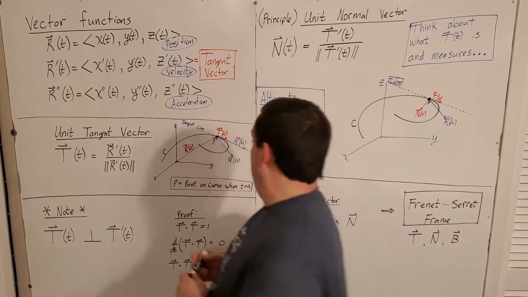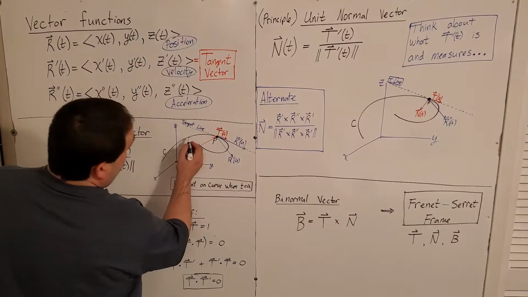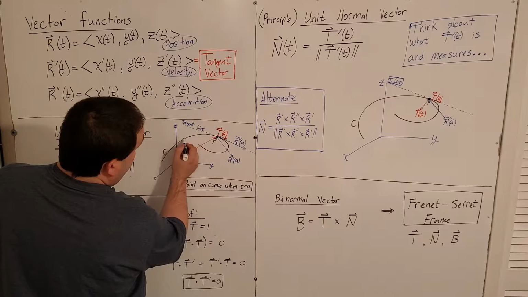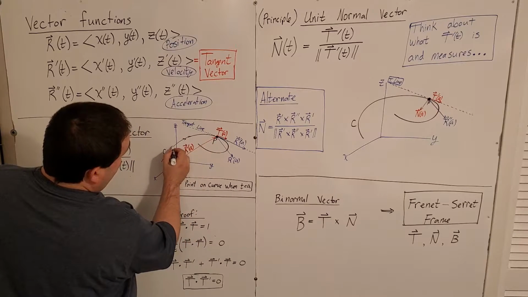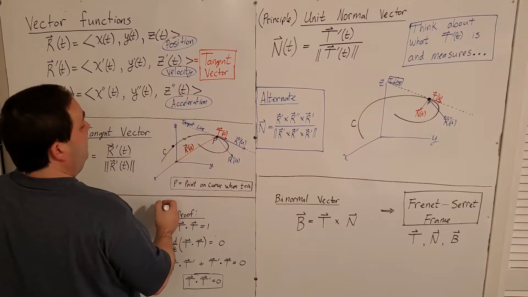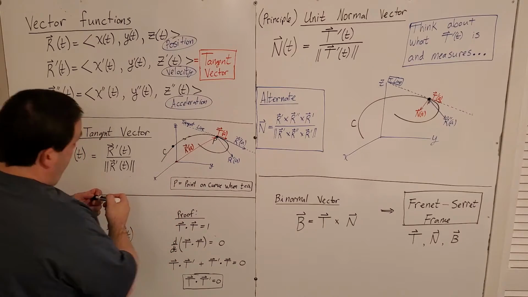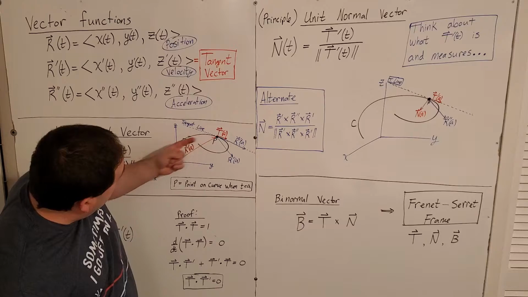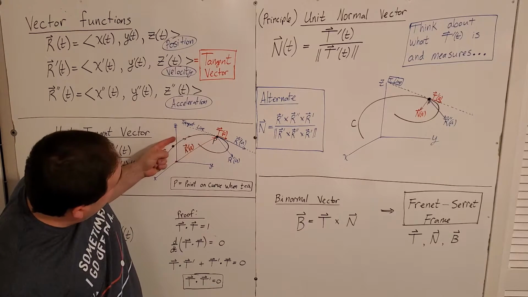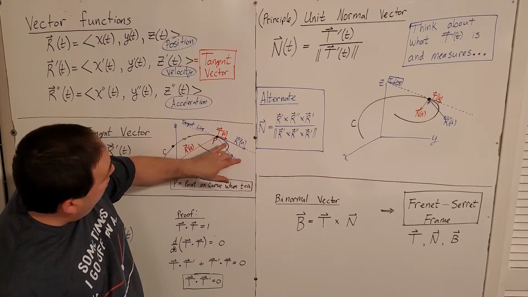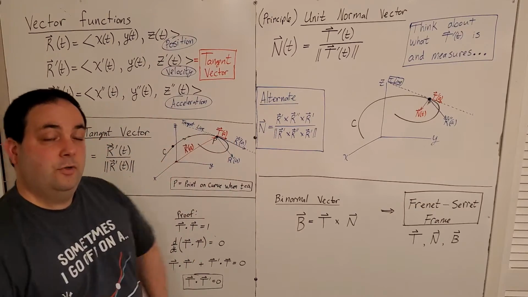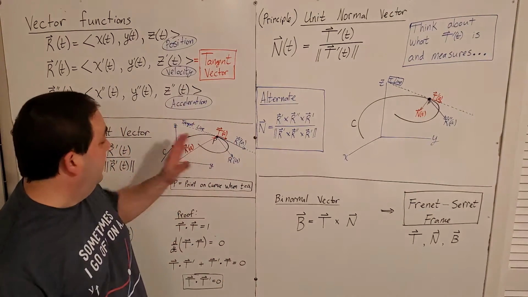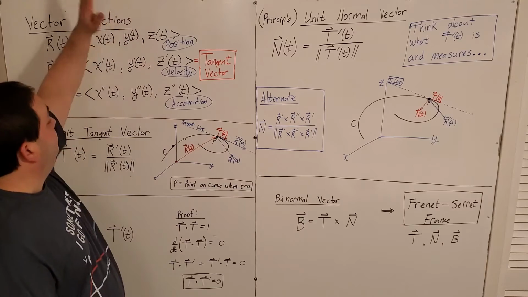So if your curve is oriented in the direction where it's going like this, let's say that your t equals 0 is right here, then t equals some value a greater than 0, and the orientation would take it along the curve this way. And when you actually get there, the r prime of a is going to give you some vector that is tangent. And that would happen at any point, okay?